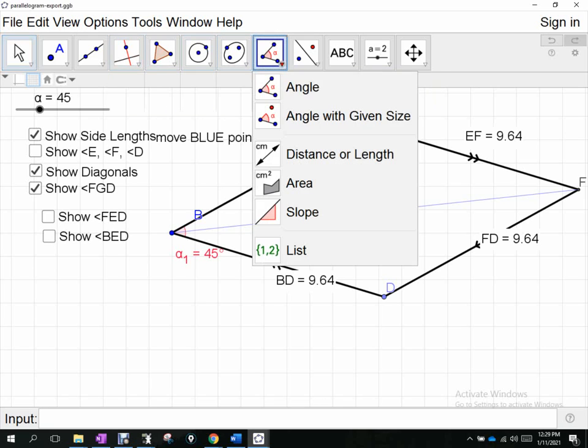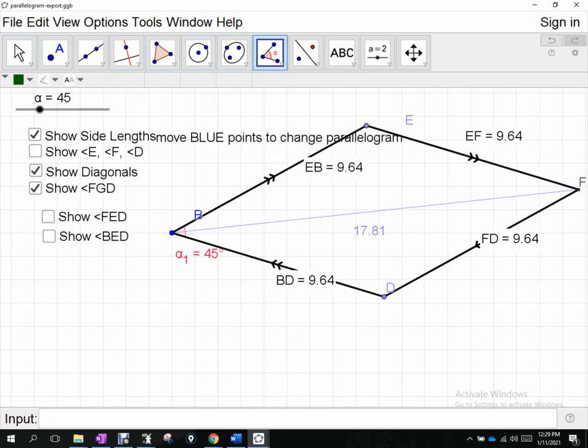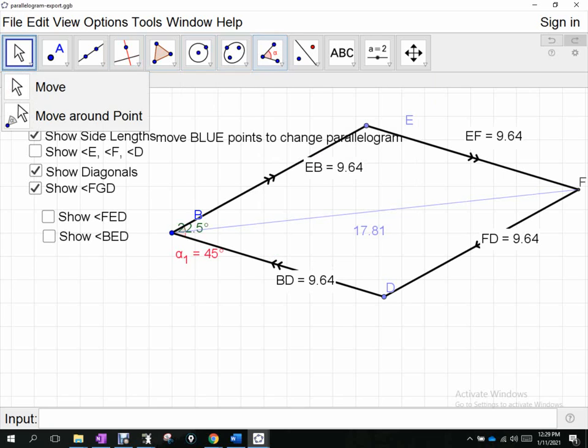If I find an angle from that side and that side, it's showing this angle right here from F to B to E to be 22.5. Does that make sense, everybody?